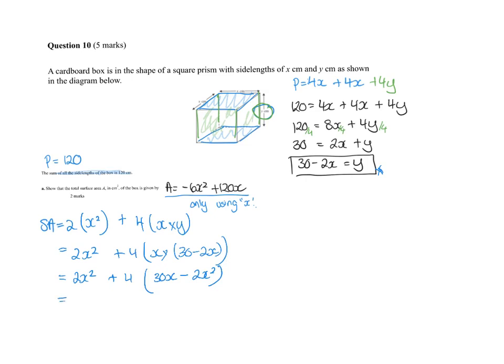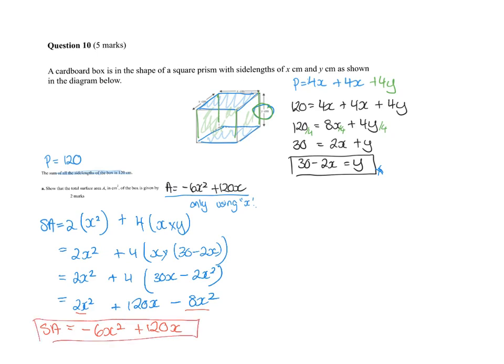Then I'll times out that 4, which would give me 120x minus 8x squared. Now I can group like terms here. So I end up with negative 6x squared plus 120x. And is that what they asked me to find? Yeah. So we've shown that.